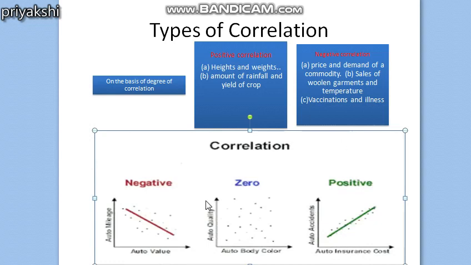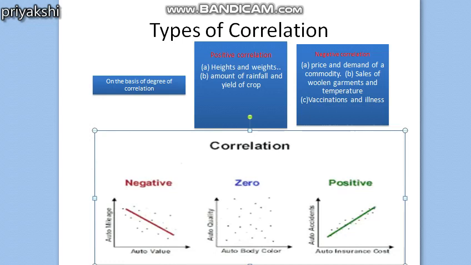So this particular diagram is known as a scatter diagram, from which we can understand the correlation. This is zero correlation, that means there is no correlation between the variables. So what do you mean by that? As the value of x increases, the value of y decreases here, which is negative. As the value of x increases, the value of y also increases. So this is known as positive correlation.